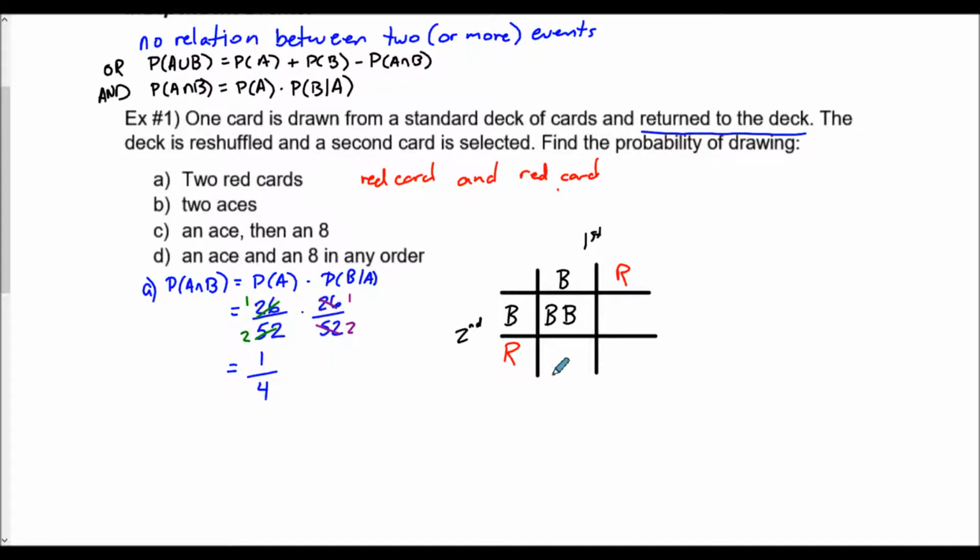If the first card was black, the second card could be red. First card being red, second card being black. And here is our 1 out of 4 chances that we could draw a red card and a red card. 1, 2, 3, 4. 1 out of those chances. If we're talking about it being odds, it'd be 1 to 3.